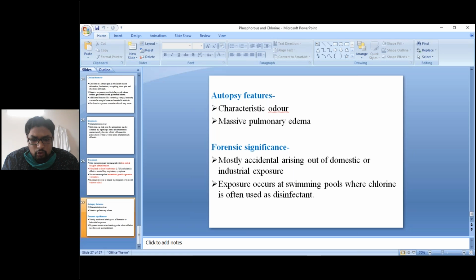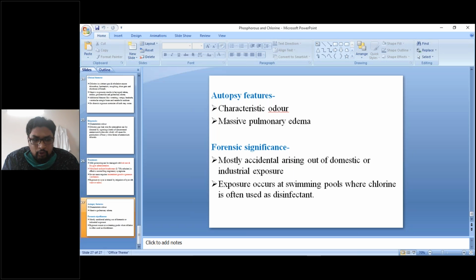Swimming pool water is chlorinated often in order to disinfect the water and prevent disease spread from one person to another. A person frequently exposed to swimming pool water can have poisoning symptoms.